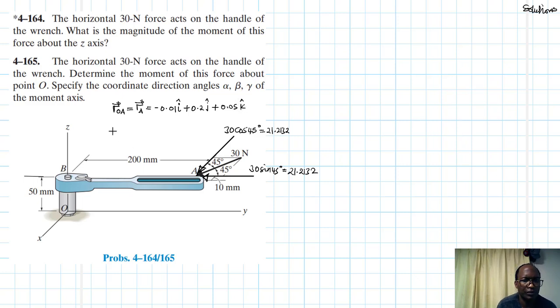All right. And then one more thing, we'll need the moment about the z-axis. So I'll need to dot this with the unit vector along the z-axis.